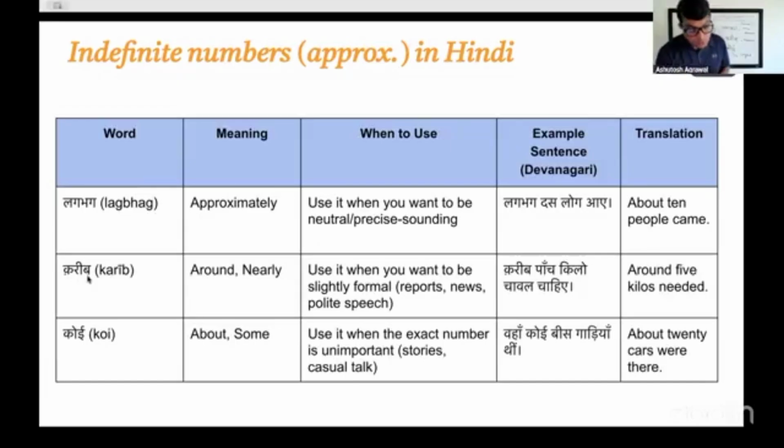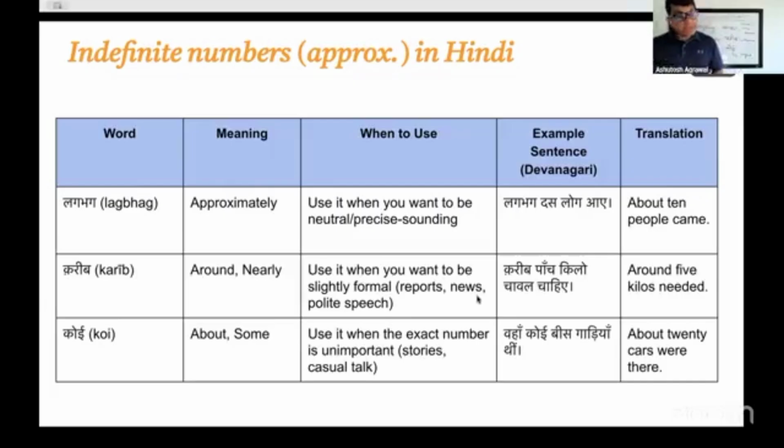When you want to use kareeb, as most of you mentioned, it's around, okay. You use it when you want to be slightly more formal, when you talk about reports or news or political speeches, or even when you are shopping. Kareeb 5 kilo chawal chahiye, around 5 kilograms of rice is needed.